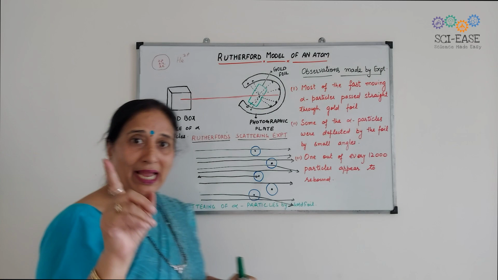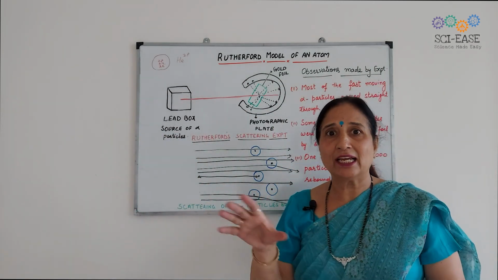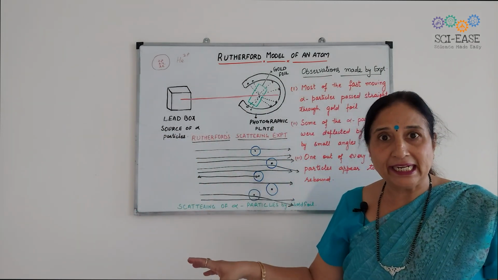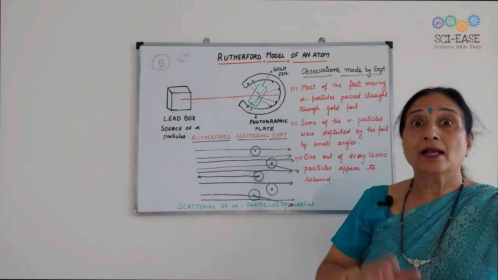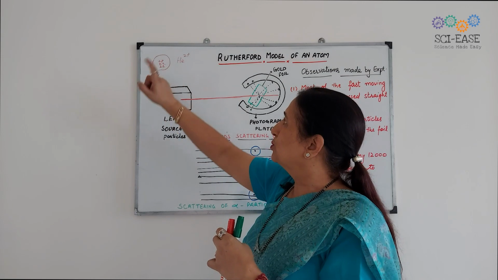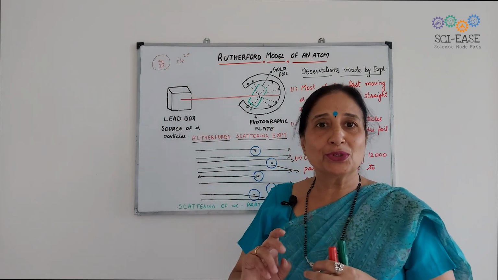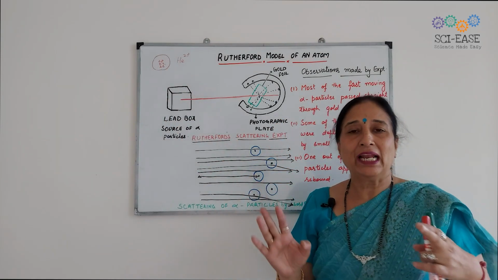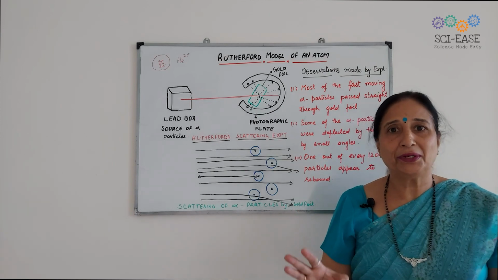Okay, so charged alpha particles are of helium, which has a mass of 4U. 2 plus 2, 2 protons and 2 neutrons, so it will have the mass of 4U.